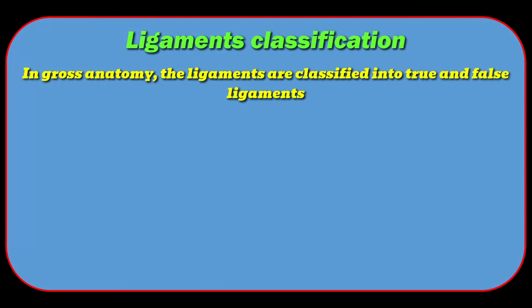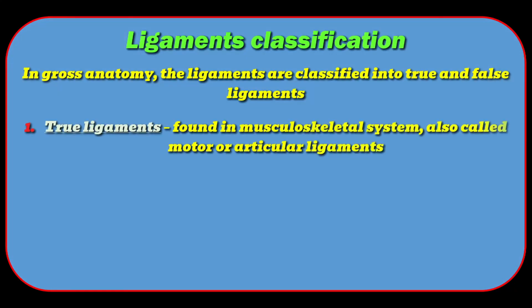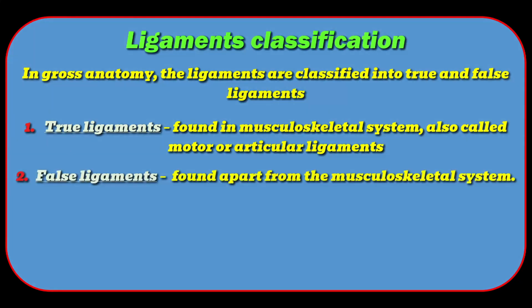Anatomically, the ligaments are classified into true and false ligaments. The true ligaments are found in the musculoskeletal system. They are also called motor or articular ligaments. False ligaments are found apart from the musculoskeletal system.